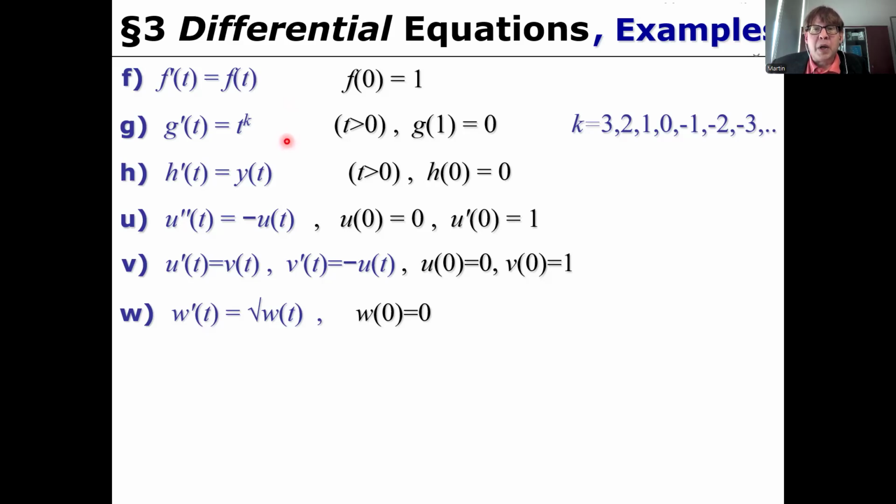And for linear equations, the solutions are vectors, which means finitely many numbers. That's a system of linear equations. Here, the solution is a function, or if we consider systems of differential equations, like here, u prime equals v, and v prime equals minus u. So the solution of this system is a vector of functions, a pair of functions u and v.